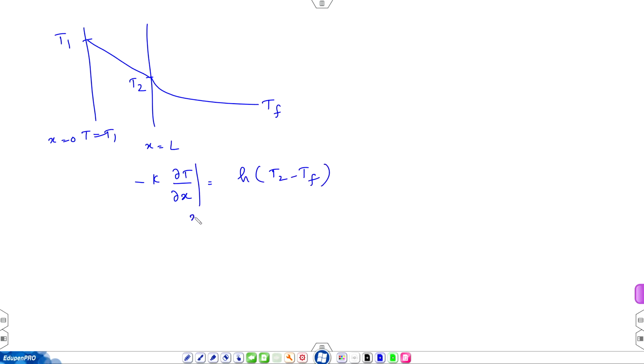So, this is at x equal to L. If the same thing were to happen on the left side, let us say this temperature is given and you do not know. So, you are given a far field temperature.